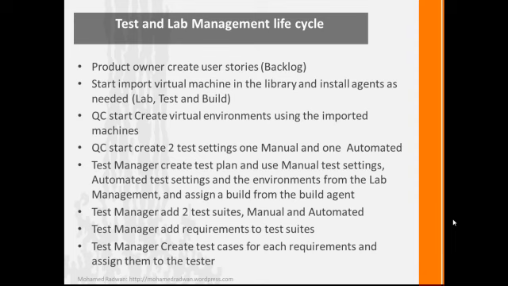When creating the test plan, he uses the test settings that we created in the lab center, one manual and one automated, and the environments that were created. He also uses the build that the developer has built on the build server. So the plan will use all the test settings, environments, and build as needed.